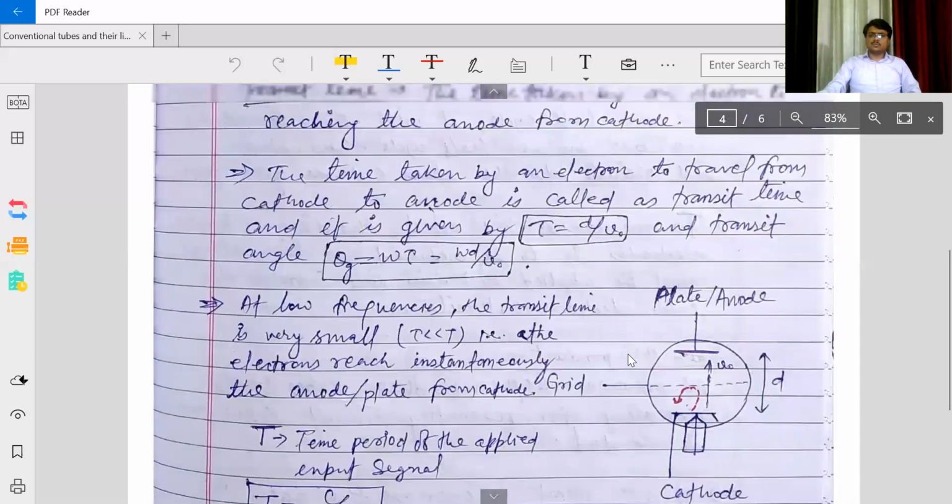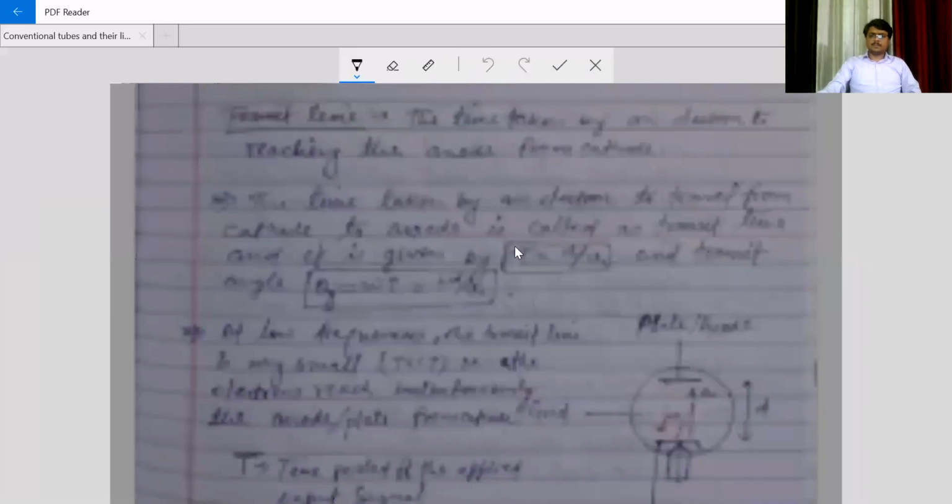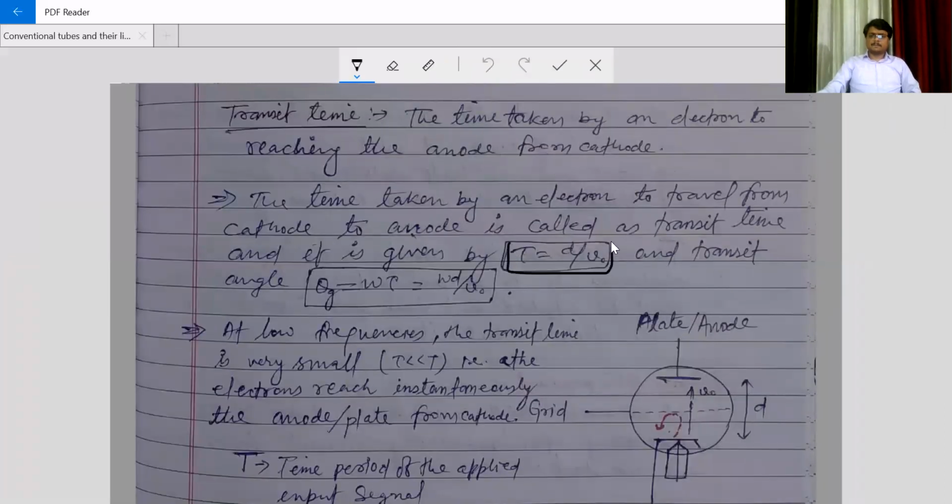Also, this transit time may be written as d upon v naught, because the velocity of this electron is v naught and the separation is d.